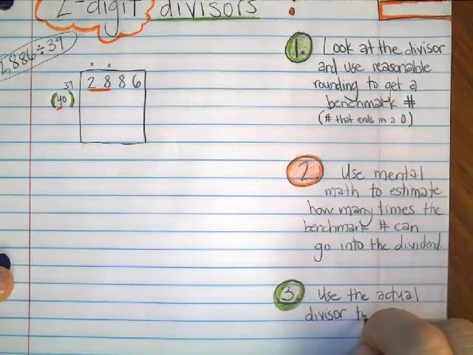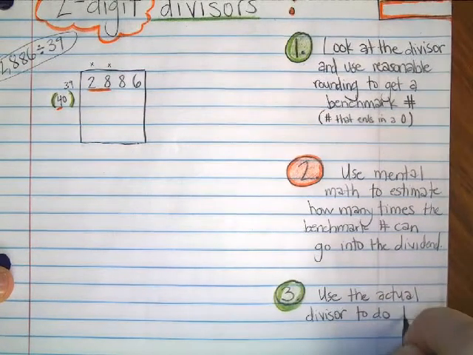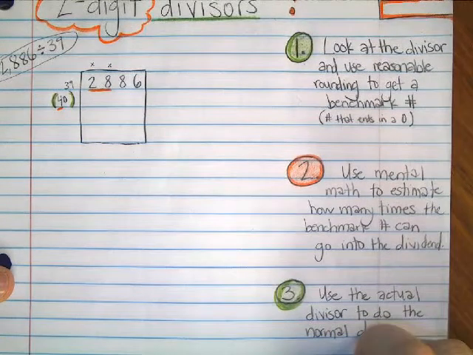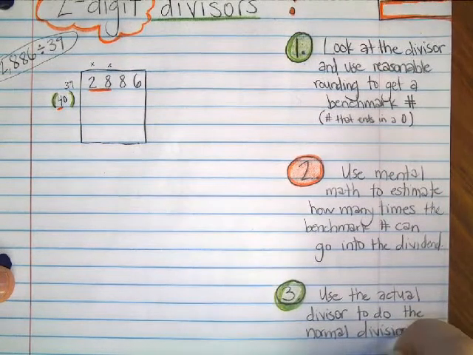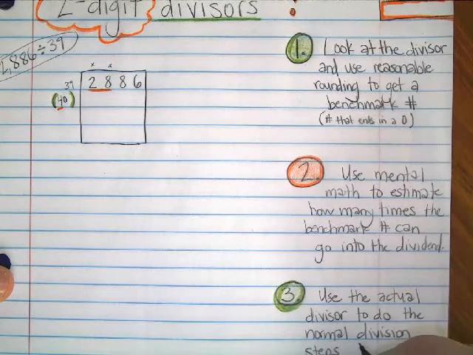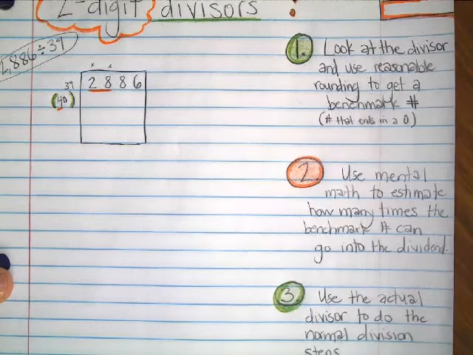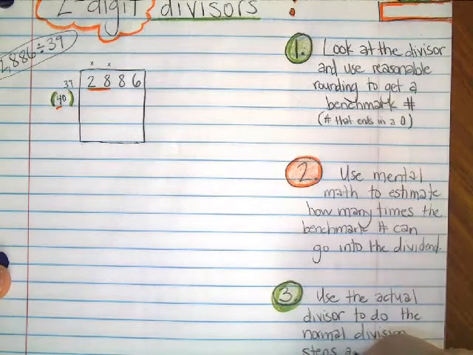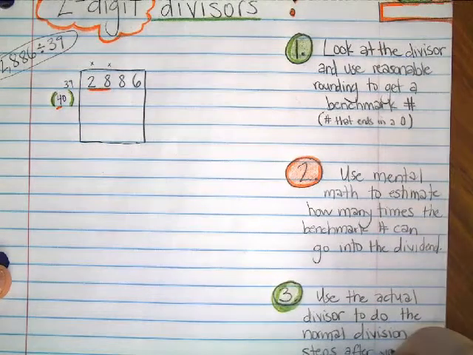Use the actual divisor to do the normal division steps after you have found a close estimate.